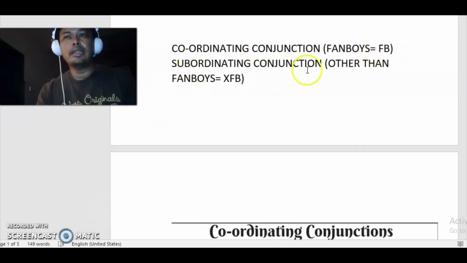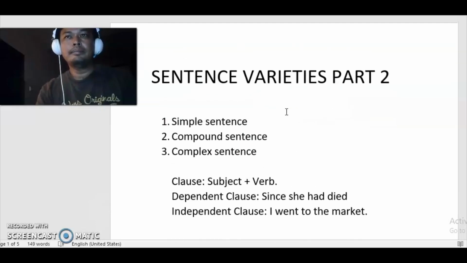While subordinating conjunction is anything other than FANBOYS, so I will call them XFB, non-FANBOYS. So by now you should have learned that there are two types of conjunction.